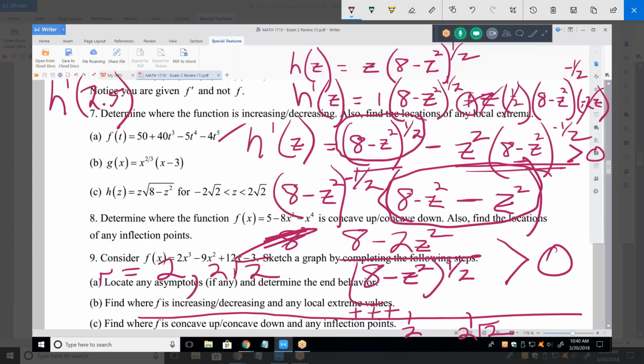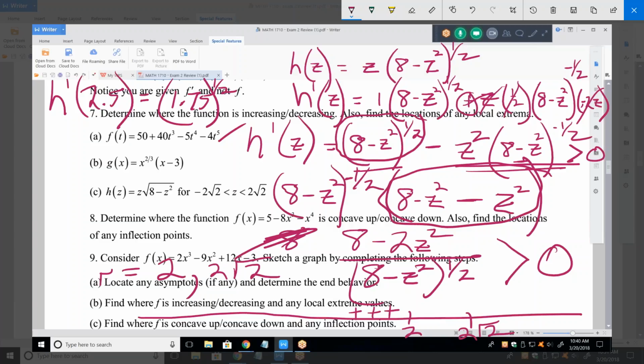That's 6 1/4. Okay, so what we have is 8 minus 6 1/4, which is 1.75, and we're going to take that to the 1/2 power.